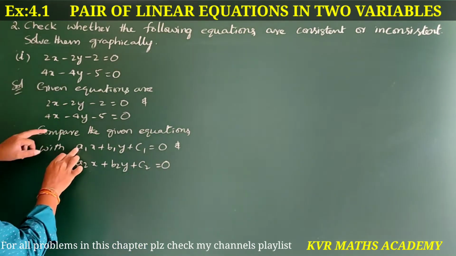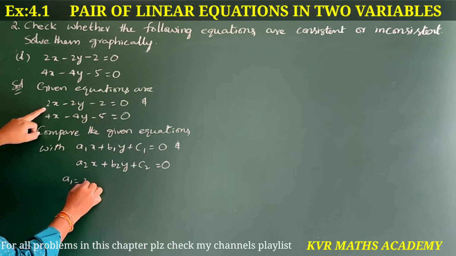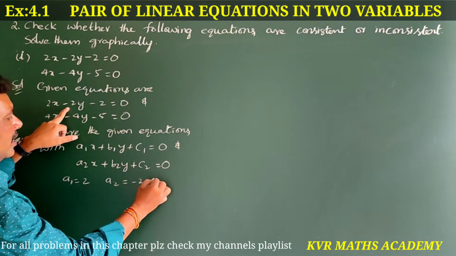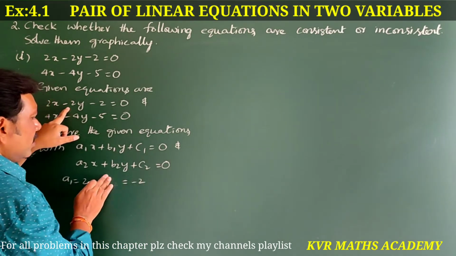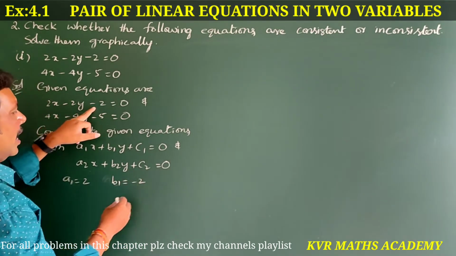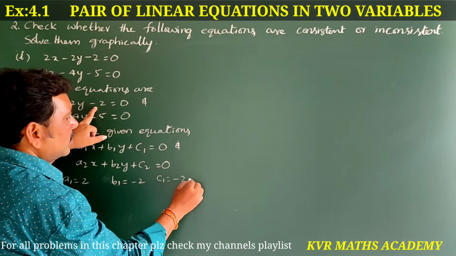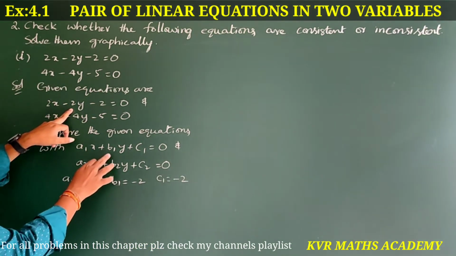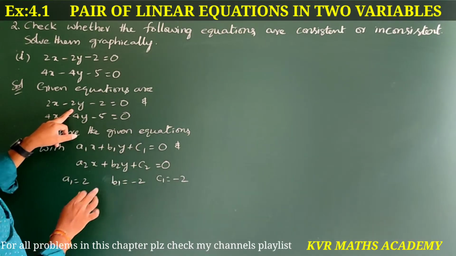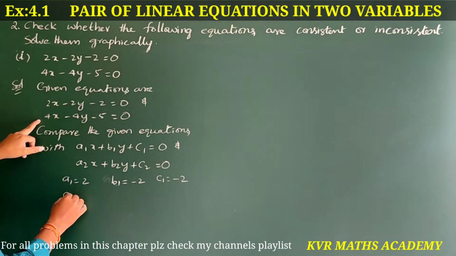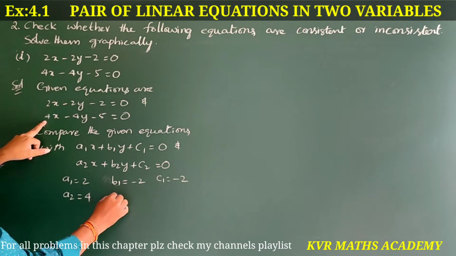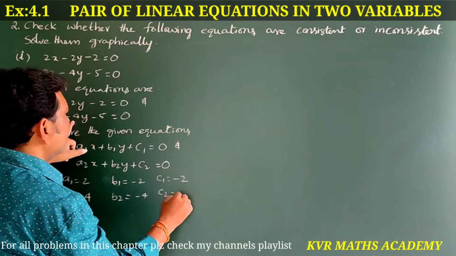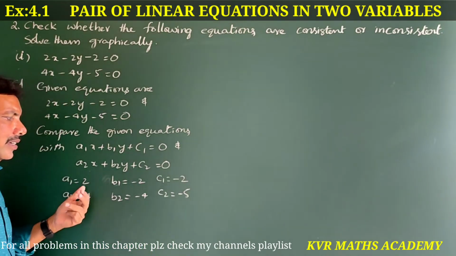Now a1 is equal to 2, b1 is equal to minus 2, c1 is equal to minus 2. In the same way, a2 is equal to 4, b2 is equal to minus 4, c2 is equal to minus 5.